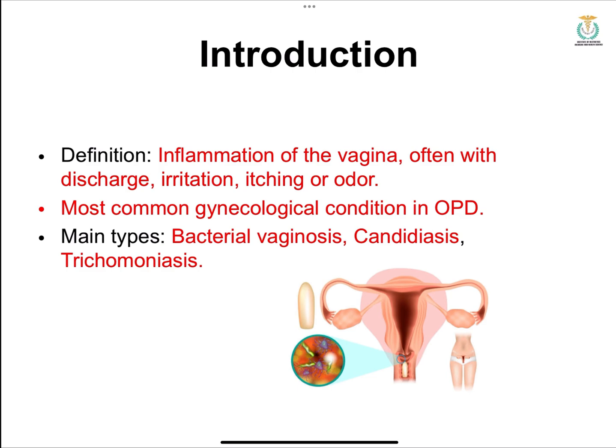We must differentiate it carefully. There are many types of vaginitis: bacterial vaginosis, candidiasis, trichomoniasis are the different types, and there are also non-infectious vaginitis. So we'll discuss one by one.